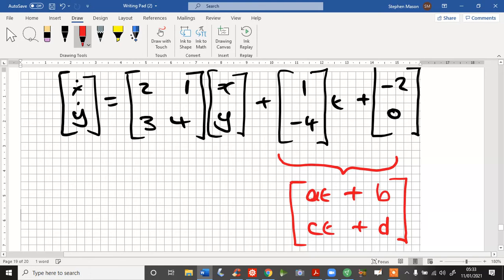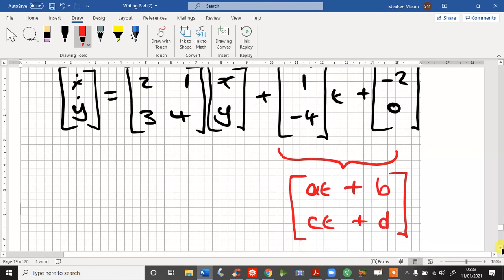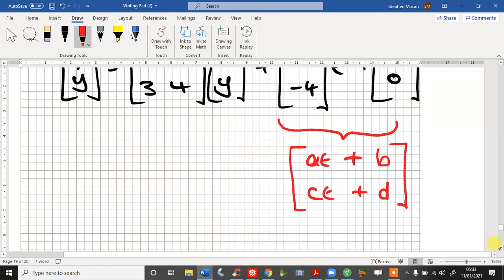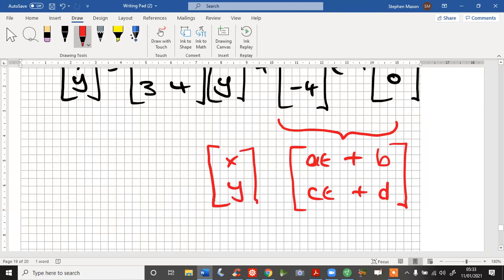Okie doke. Now, that is what we let x and y be equal to. So it's a bit like doing a single ordinary differential equation, something like x double dot minus 3x dot plus x is equal to e to the power t.